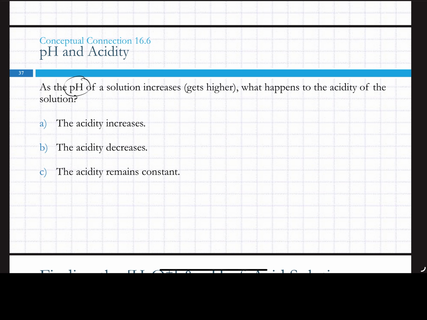So as the pH increases, which means that if pH was, let's say, 5, and that increases, then it goes to 6 or 7 or 8. What happens to the acidity of the solution? You're saying increases or decreases? Decreases, yeah. Decreases, becomes more basic. That's just some tricky wording.